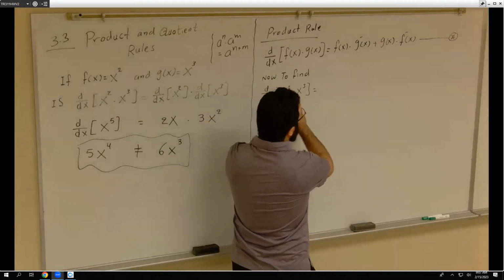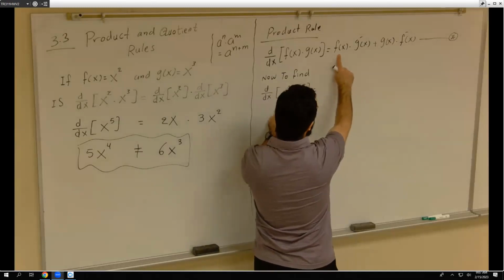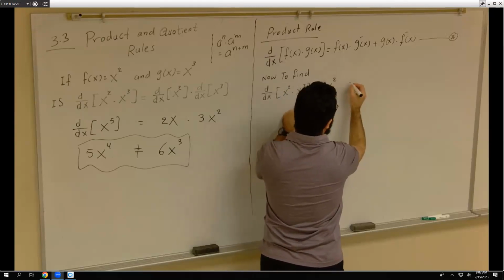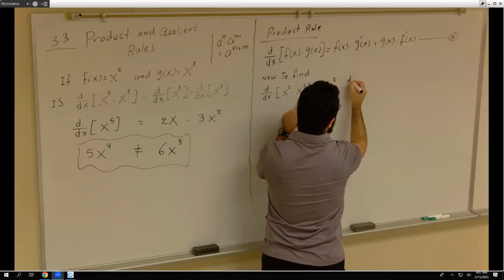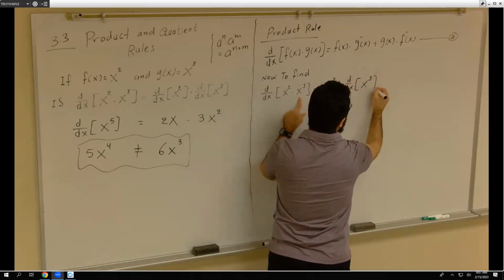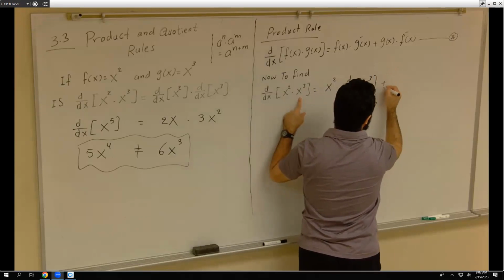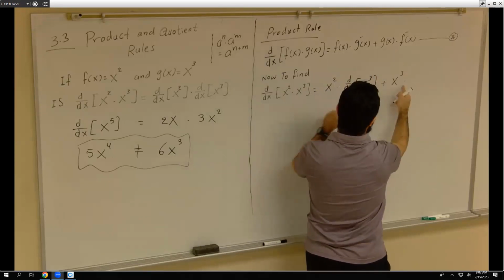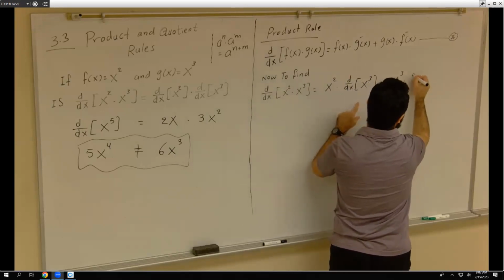That means there's going to be the first one, which is x squared, times the derivative for the second one, which is d over dx of x cubed, plus the second one, which is x cubed, times the derivative for the first one.